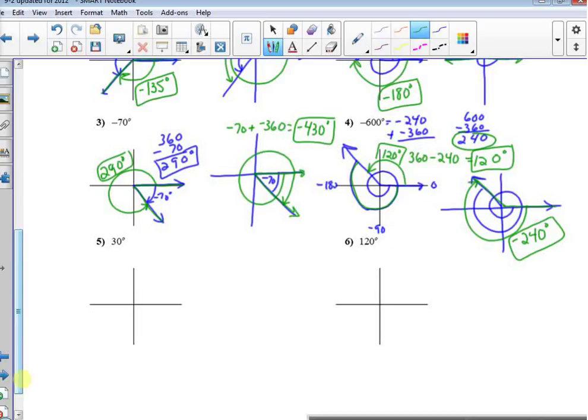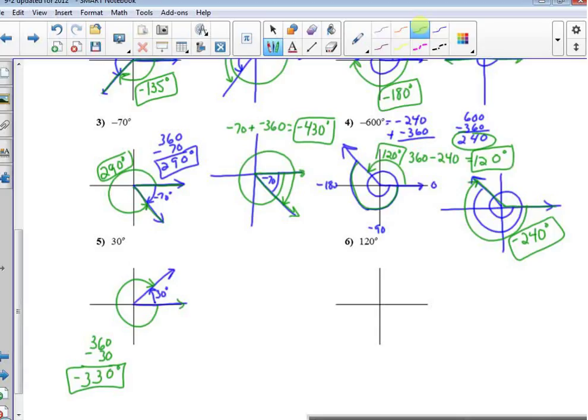Number 5, for 30 degrees, put that in quadrant 1. There's the directional arrow, 30 degrees. So to find the coterminal, meet it the other way around. The negative, so now I'm going to do 360 minus 30, and plop a negative in front because we went in a clockwise direction.